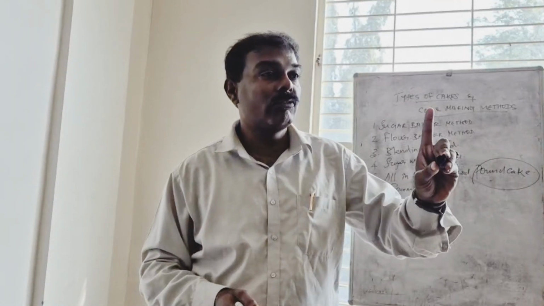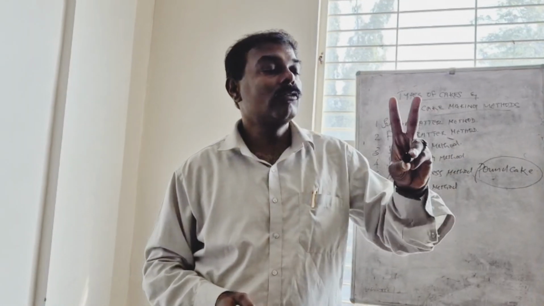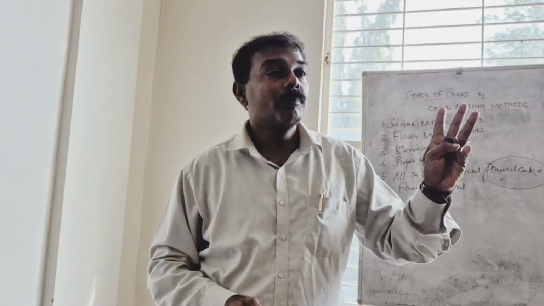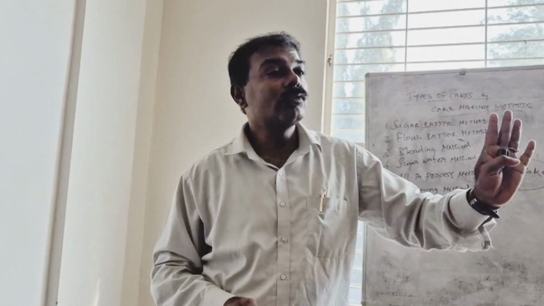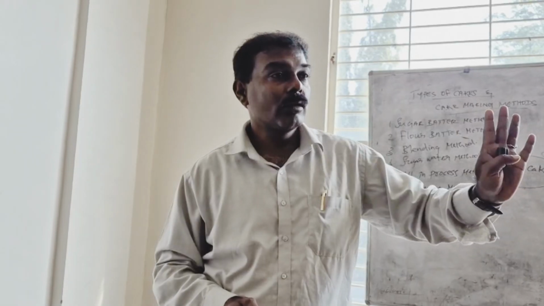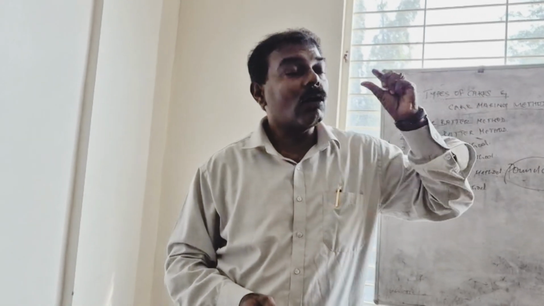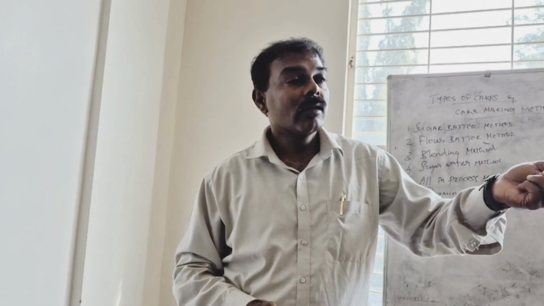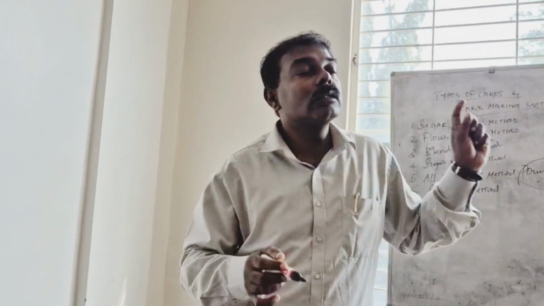That is 1 pound flour, 1 pound fat, margarine or butter, 1 pound powdered sugar, 1 pound fruits for the plum cake, mixed fruits. As all the ingredients are used in equal quantities, they call it pound cake.